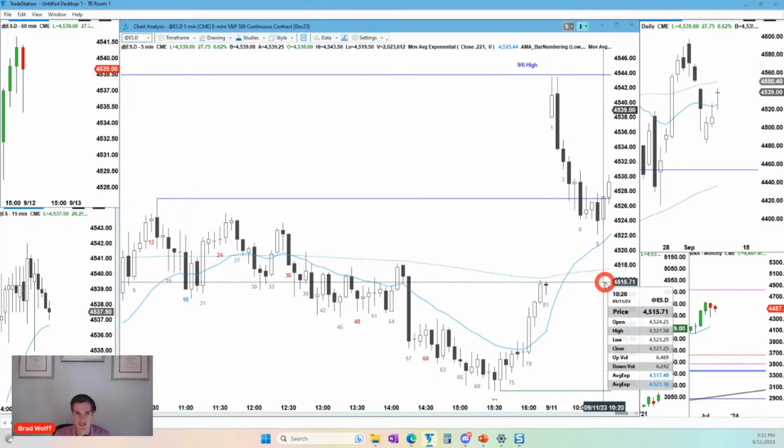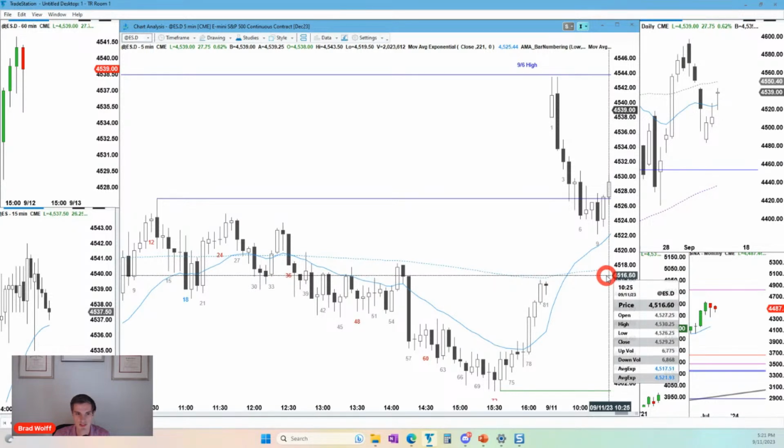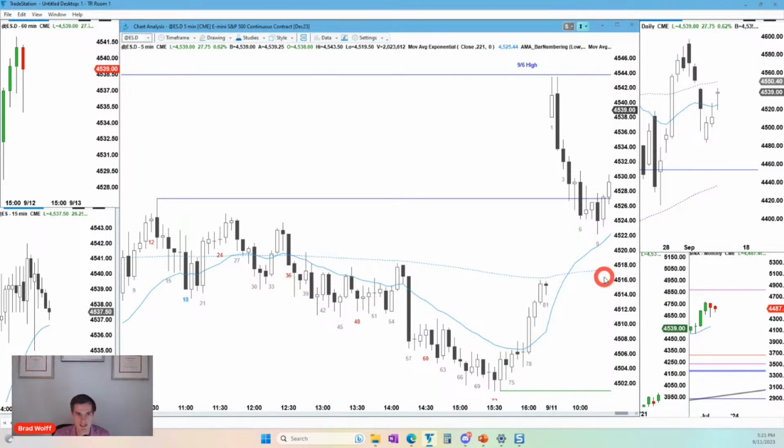Hence, if you just add 2 ticks above the bar, you can just count the distance. So to me, 27 and a half, I add 2 ticks, that gives me 28. That means bulls need 29 and 30 for a 1 and 2 point scalp. 29 and 30, you can see it went up to 30.25. Bulls were able to make a 1 point scalp and they took partial profits.